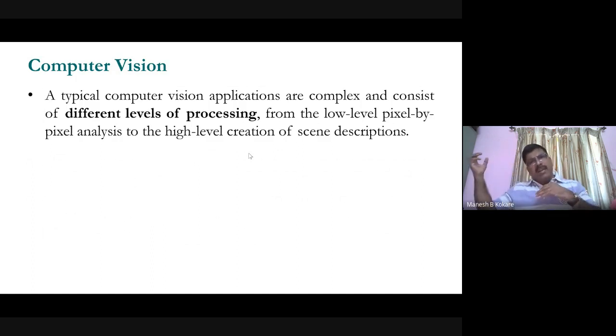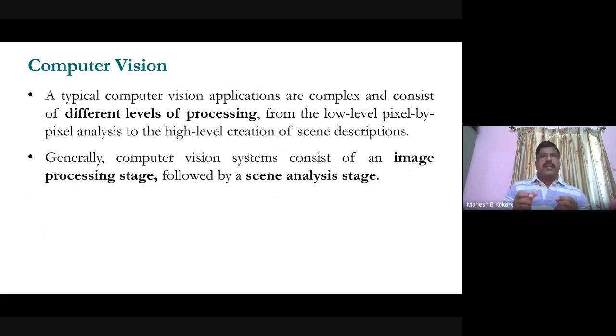And in high level computer vision, you are describing the scene with the help of the computer without any assistance from a human being. How computer vision can be done from low level to high level, we will study in this subject. Generally, a computer vision system consists of an image processing stage first, followed by scene analysis and scene understanding.